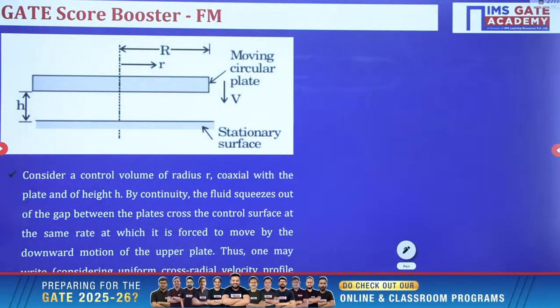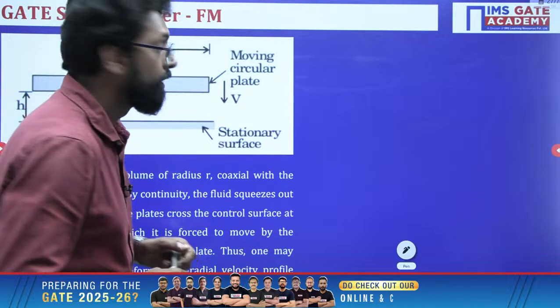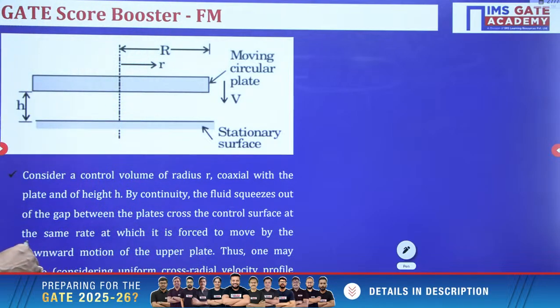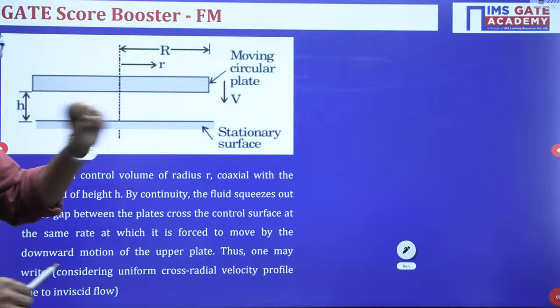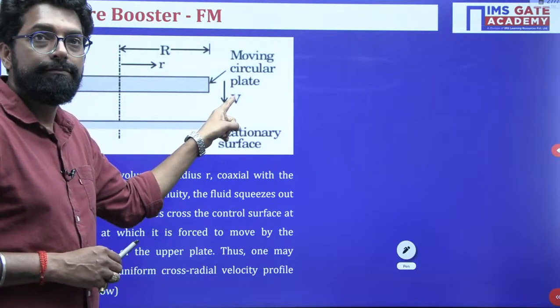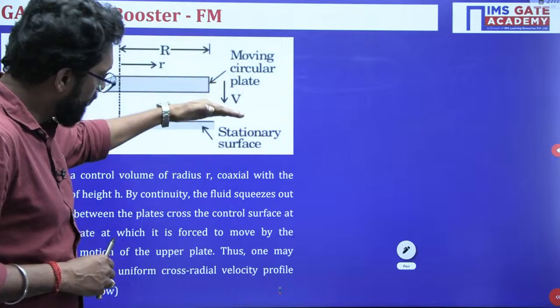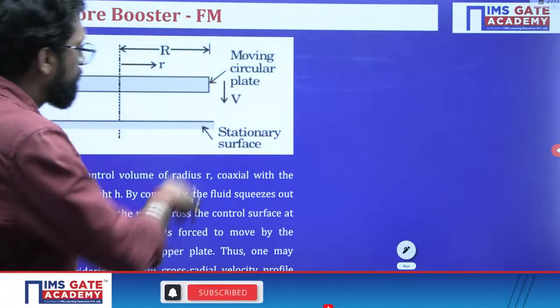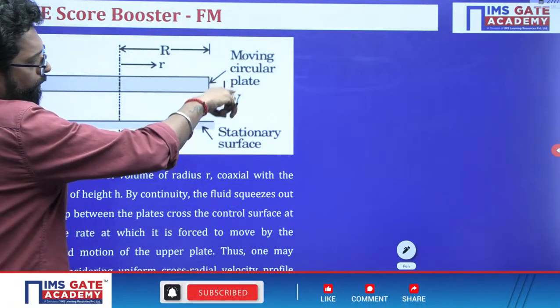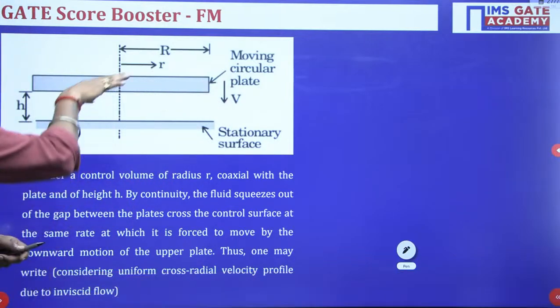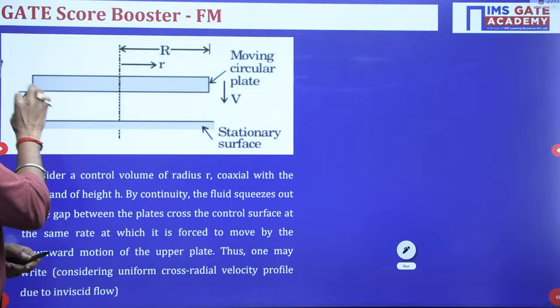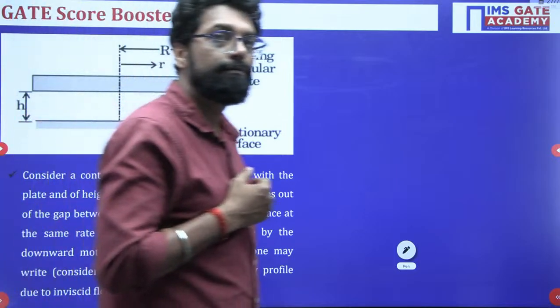See, my dear, this is a control volume analysis. There is a stationary plate, and this is the velocity v, continuously moving down. This velocity will cover a distance h. When the plate is moving down, this h is continuously reduced.